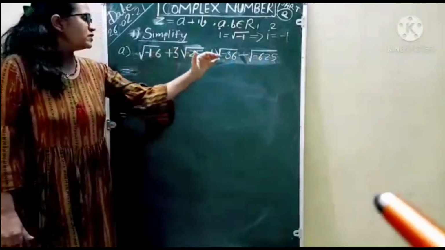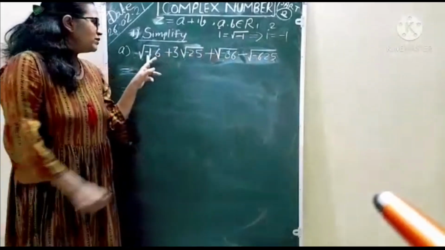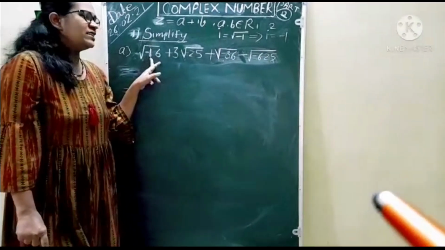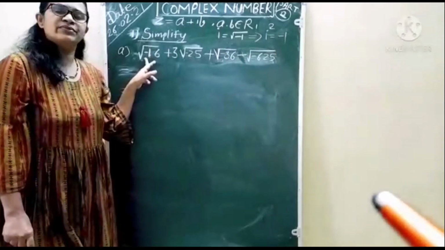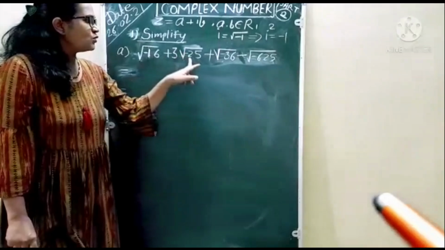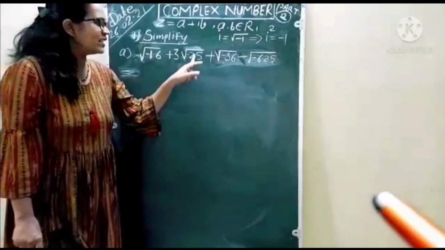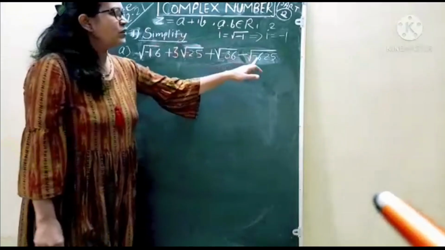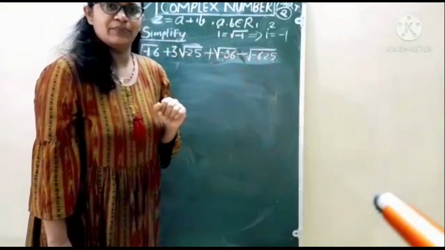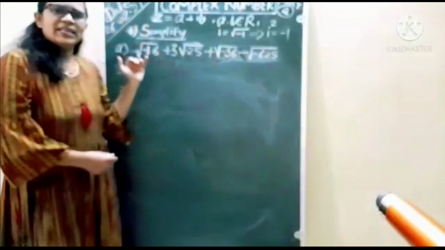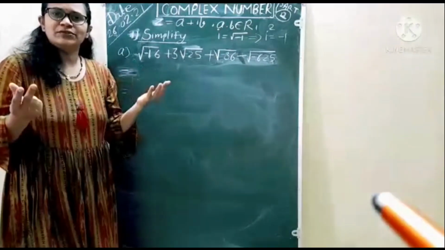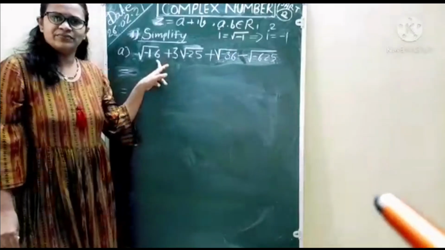If you observe each and every term, there is a square root with a minus sign. So root of minus 16 is there, root of minus 25 is there, root of minus 36 is there, and root of minus 625 is there. You all know the square root of 16 is 4.